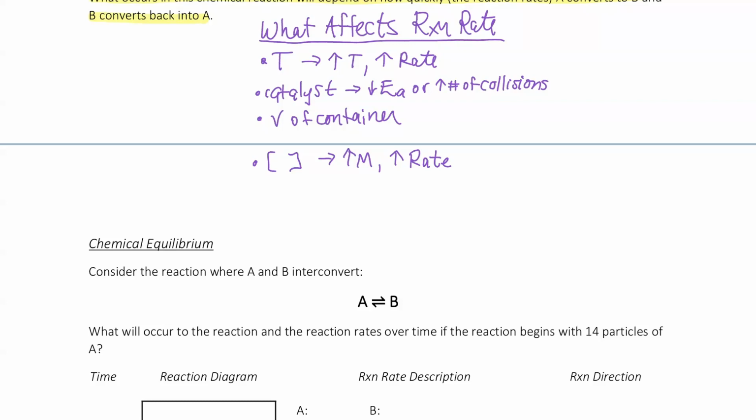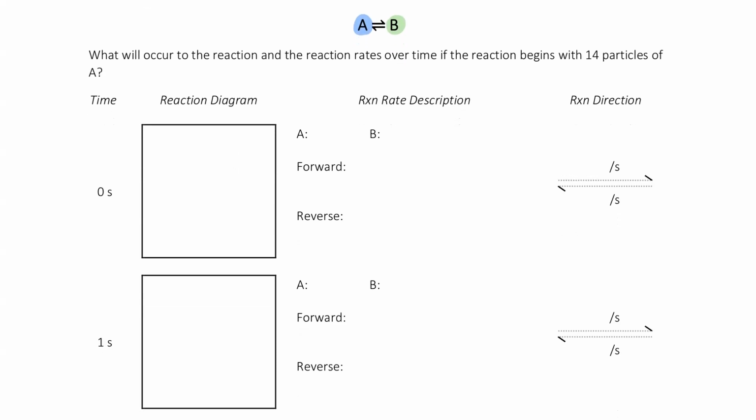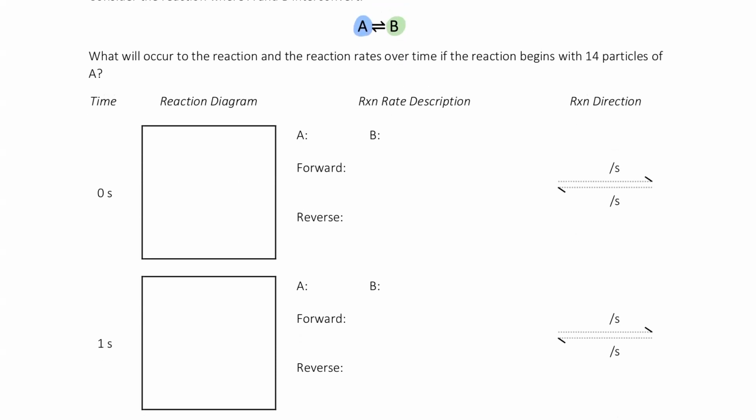Okay, here we go. We're still going to use our same two colors, A plus B. But now this is going to be a reversible reaction. So we're going to look at this stepwise. This is probably something you haven't done before, which is great.